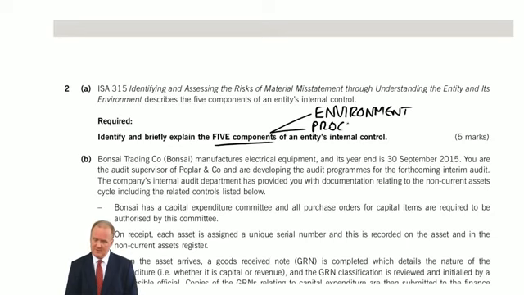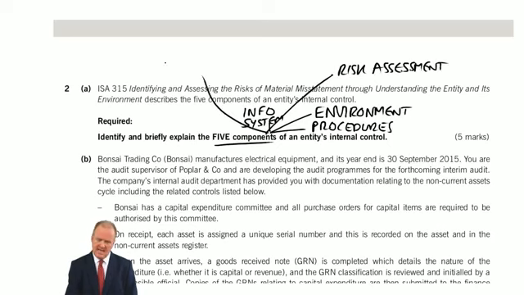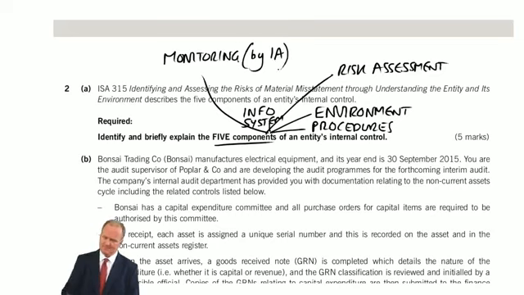You'd need to talk about the control procedures themselves, so the authorization, the reconciliations, the physical controls, etc. The information system. The risk assessment. And the monitoring by internal audit.